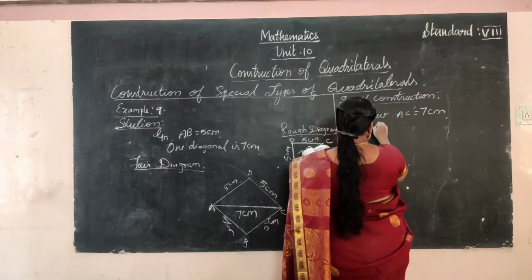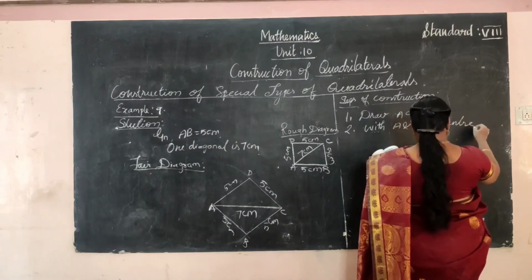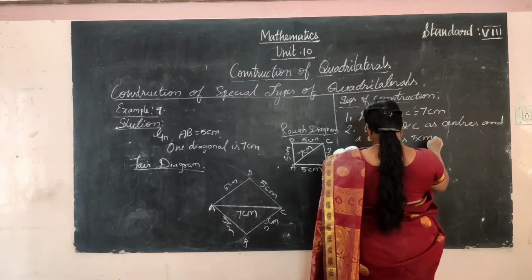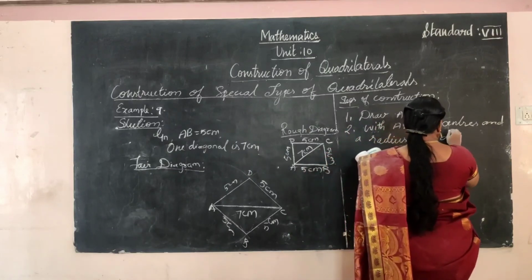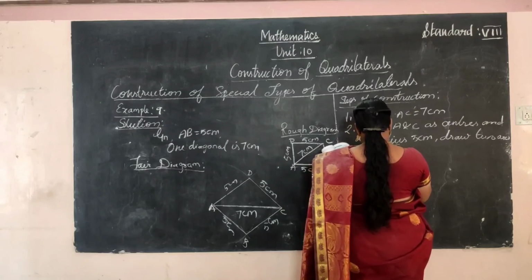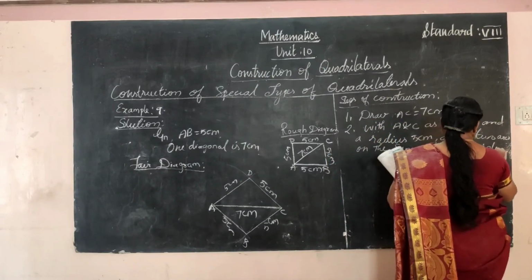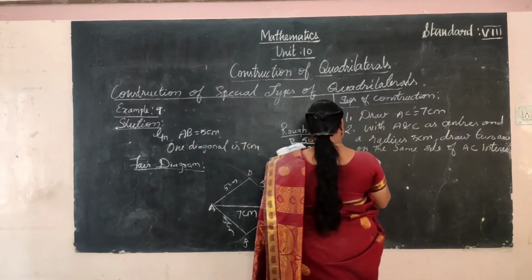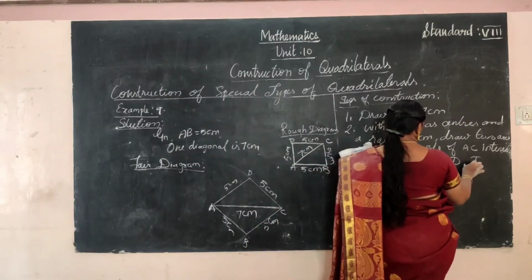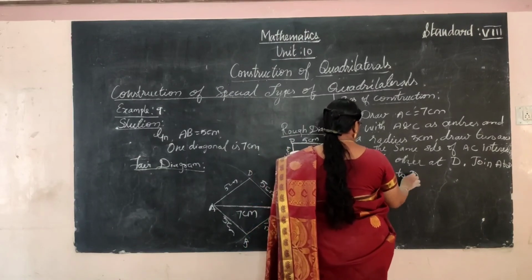And second, with A and C as centers and radius 5 centimeter, draw two arcs on the same side of AC, intersecting each other at D. Okay, join A to D and C to D.